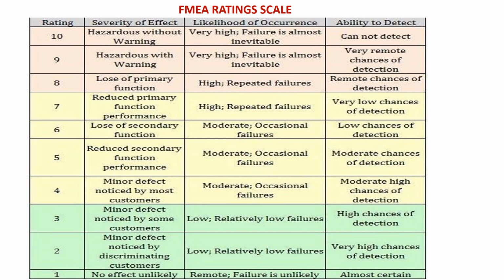Similarly, for the detectability index, a rating of 10 indicates that the failure mode is not likely to be detected. We don't have process controls to detect the failure. And as we go down, the number 1 indicates that it is almost certain to be able to detect the failure mode.